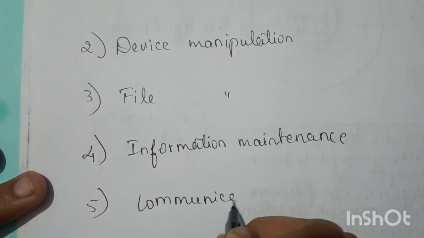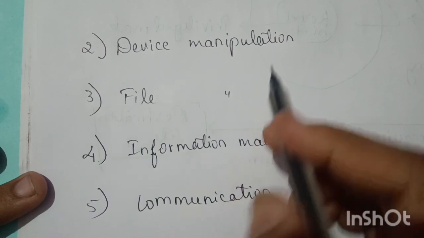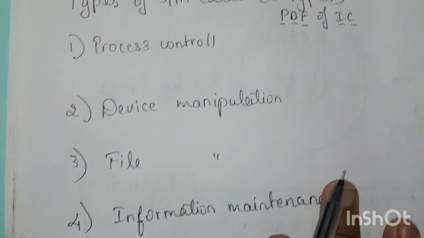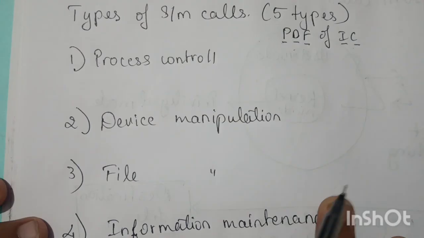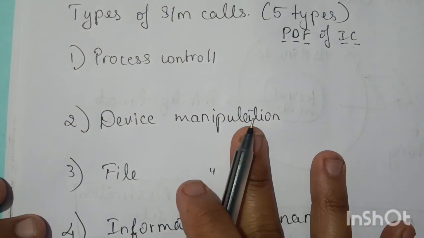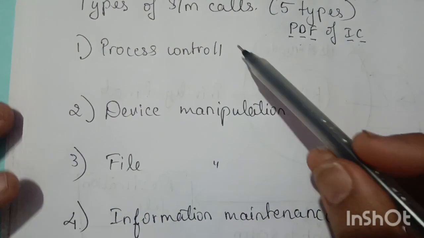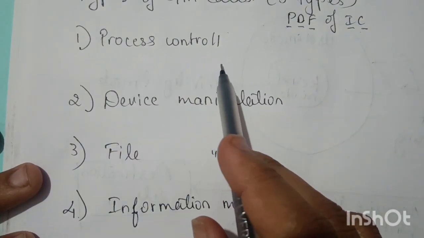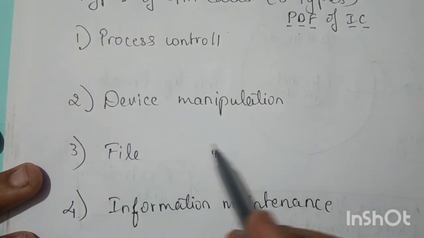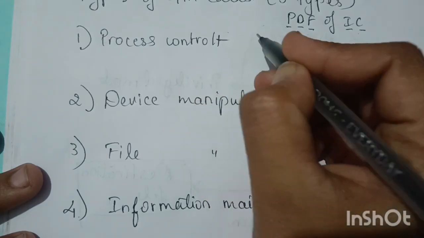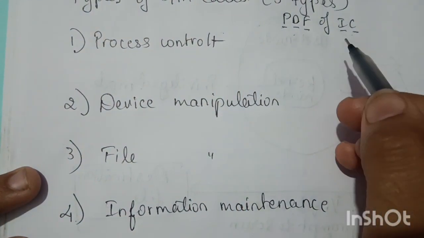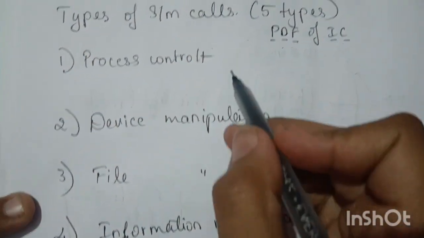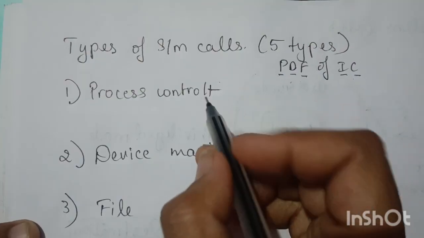Now, when you remember these, nothing else needs to be explained. What you have to explain is that system calls are categorized into different types, that is process control, file manipulation, like this. For controlling the process, we have to create the process, execute, abort the process, and end the process.